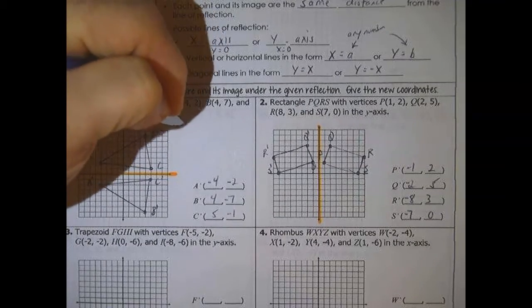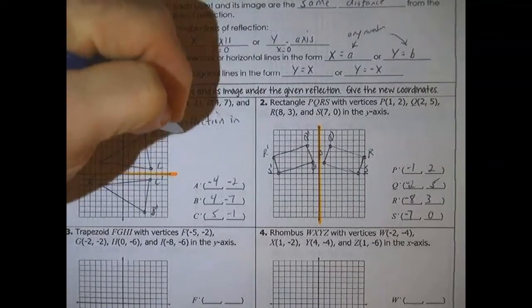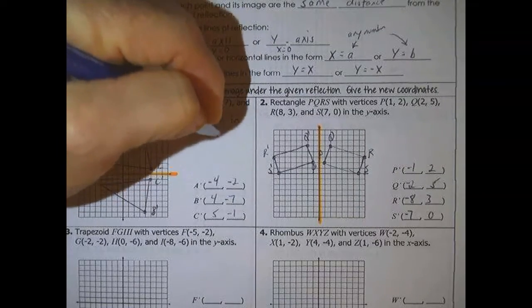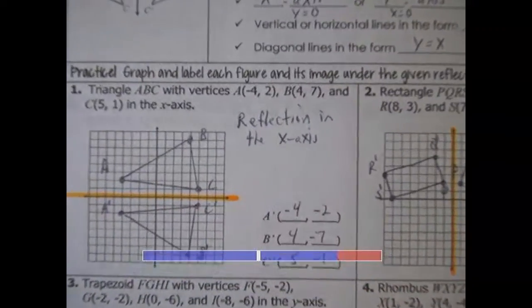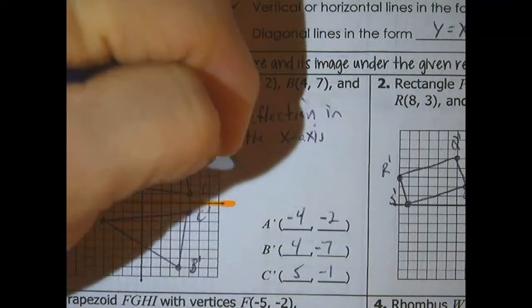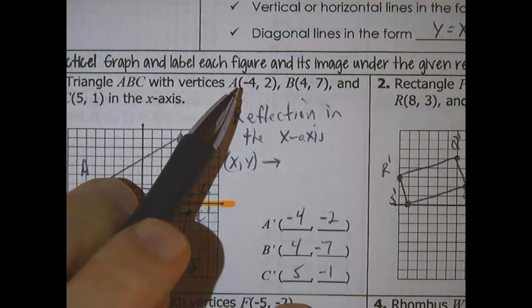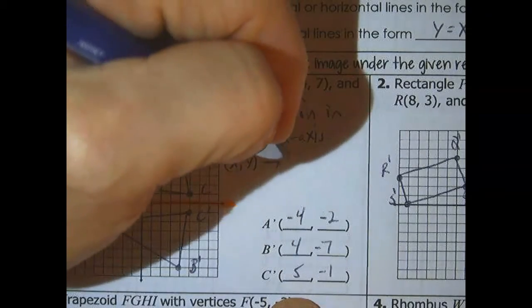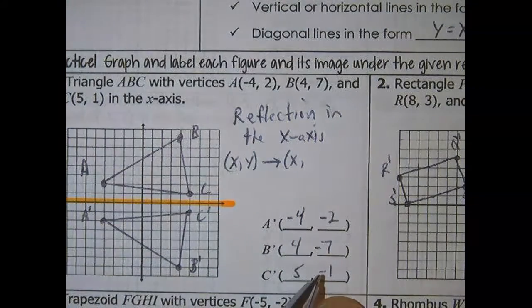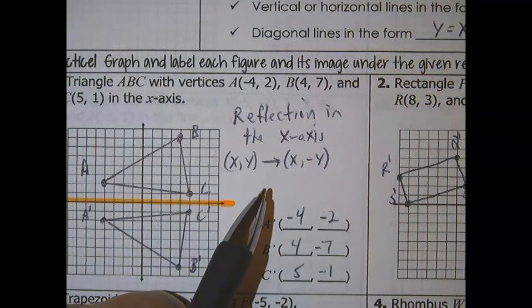A reflection in the x-axis will always take the points x, y, whatever they may be, and like it did here, it keeps x's the same. All of the x's stayed the same, and all of the y's went to the exact opposite. So that's a rule for reflecting in the x-axis.